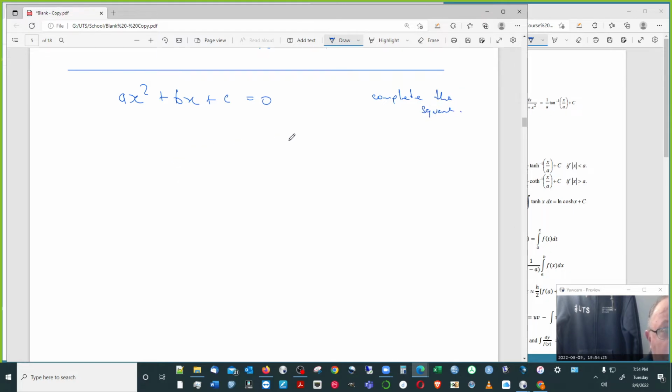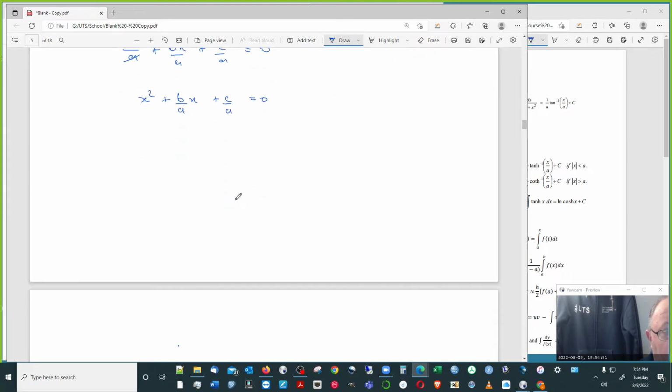The first step is to divide through by a. 0 over a is still 0, and we can see that they cancel, and so we're left with x squared plus b on a x plus c on a.